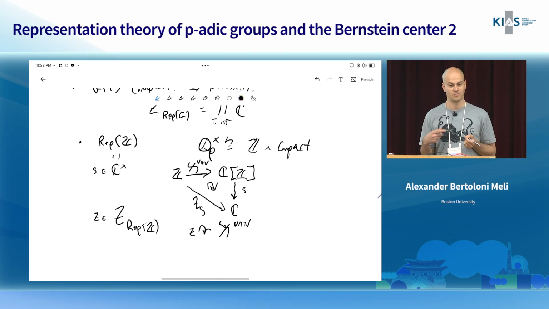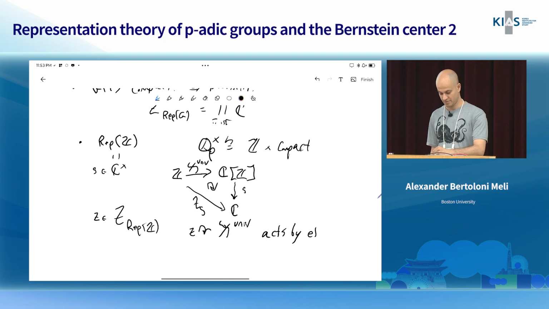Whatever the endomorphism it gives, it's Z-linear, so it actually has to be C[Z]-linear. So the point is it has to actually be an element of C[Z].